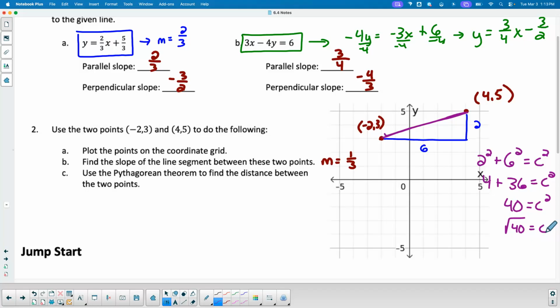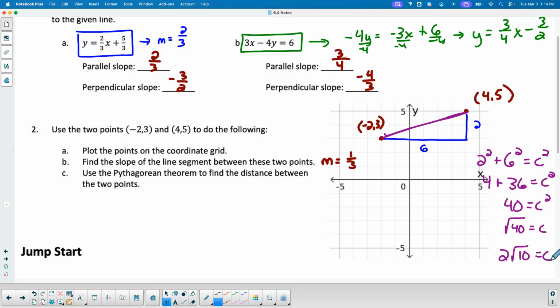Can I simplify it? What does it simplify to be? 2 square root of 10. Okay.